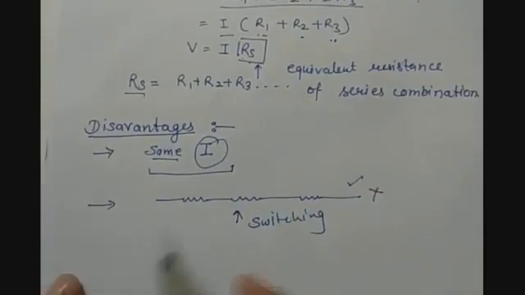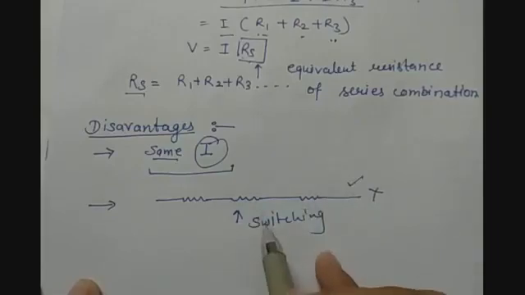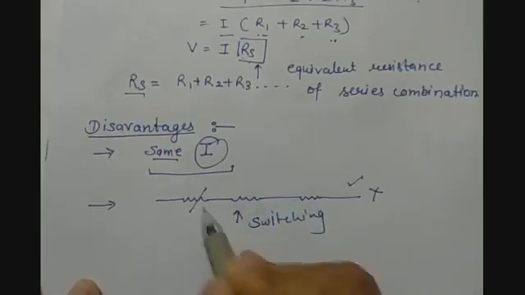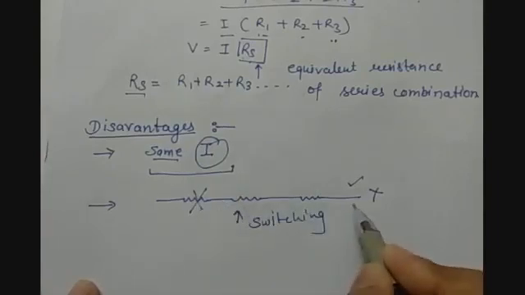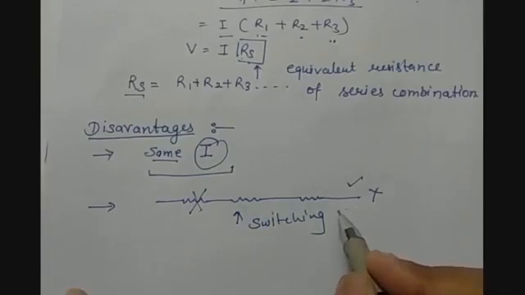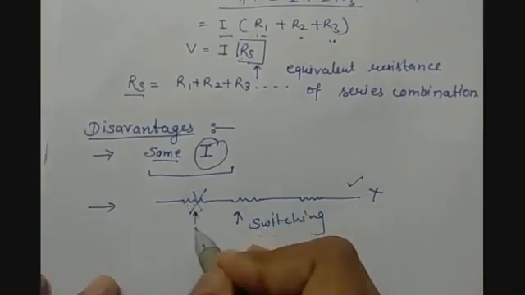Third, if one of the electrical appliances among all the series connected appliances is not working, suppose this is not working or this is getting damaged, then the rest of the electrical appliances will not work. Why? Because here our circuit breaks.